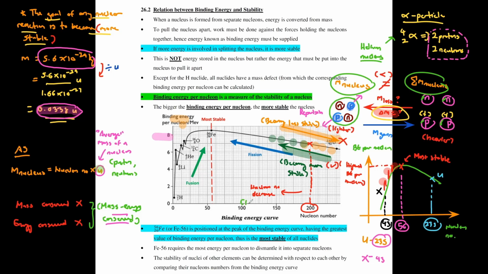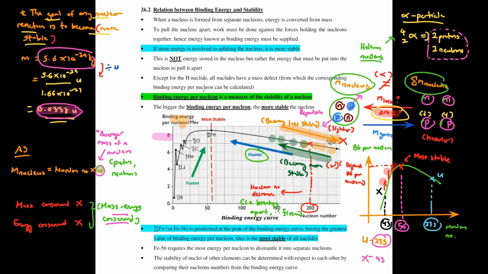This is achieved by your nucleus breaking apart. Therefore it's going to be fission. If your nucleus goes up the curve over here, it is going to be fission because your nuclear number is decreasing. When your nuclear number is decreasing, it already implies you must be breaking apart. So you are having fission here.